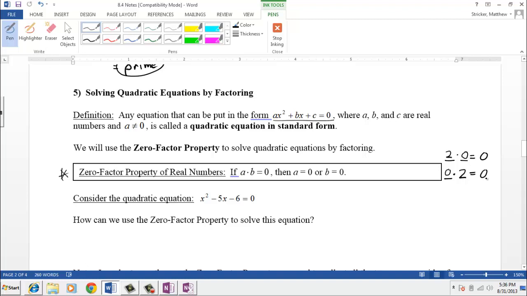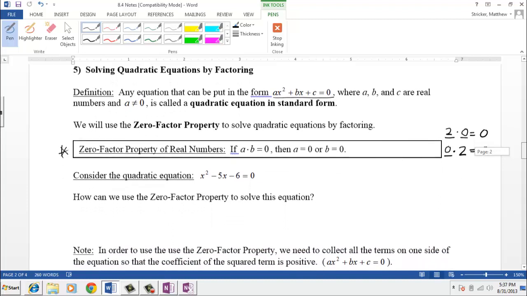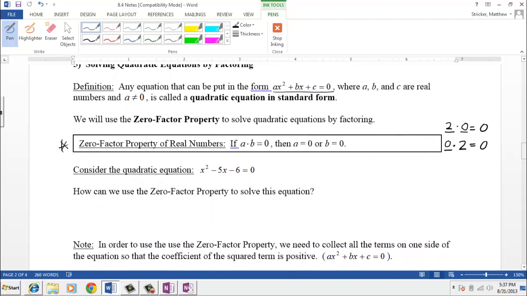So let's consider how we can use this to help us solve quadratic equations. If I have a quadratic equation, x squared minus 5x minus 6 equals 0, think for a second about how we can use this property to help us solve the equation.